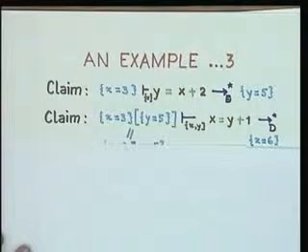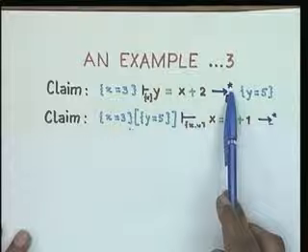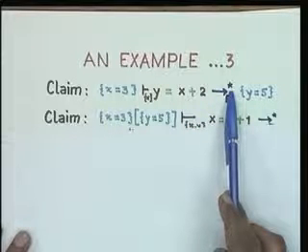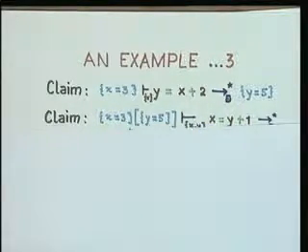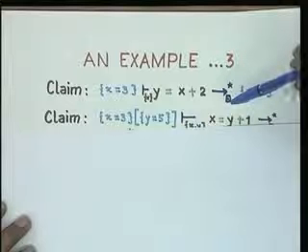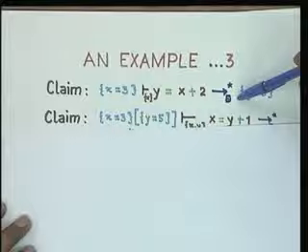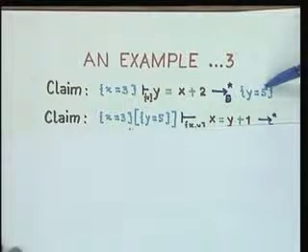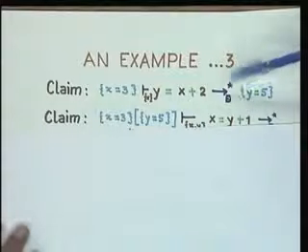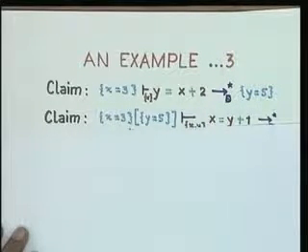I have put a star here to indicate that this claim might be proved in 0 or more steps of proof of the original transition systems consisting of expressions and declarations. You may or may not be able to prove this in a single step of proof, but in some finite number of steps you can prove this.